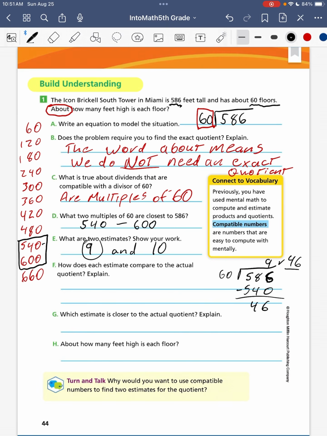Okay, so if our estimates are 9 and 10, because they are the 9th and 10th multiples of 60, our estimates are close because of the remainder of 46.